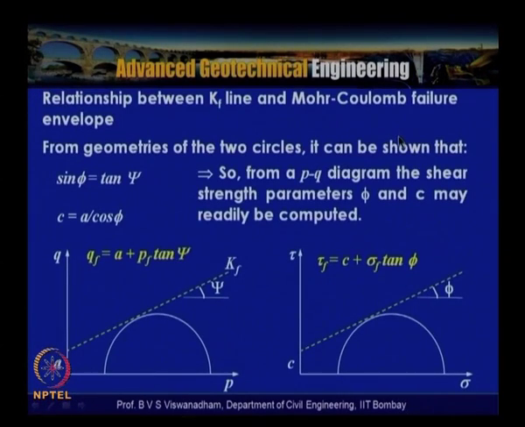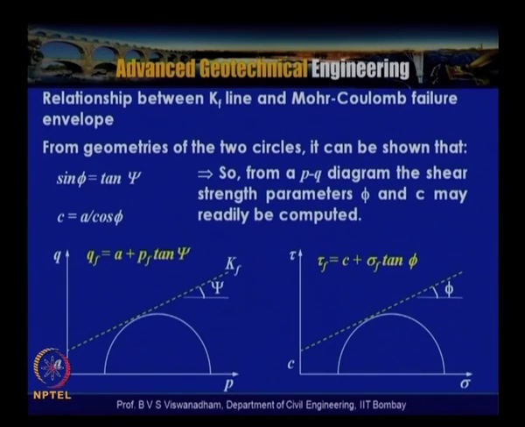So after having obtained this, we can also link this Mohr-Coulomb failure envelope with the PQ space, and this we have discussed in our previous lectures, where P is sigma 1 plus sigma 3 by 2, and Q is sigma 1 minus sigma 3 by 2.